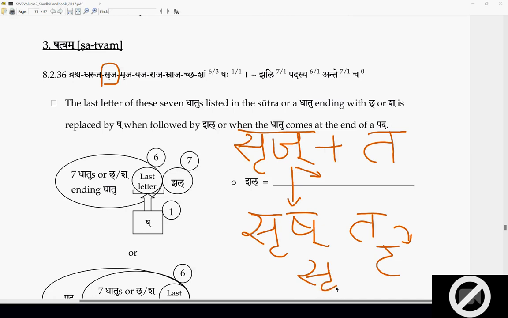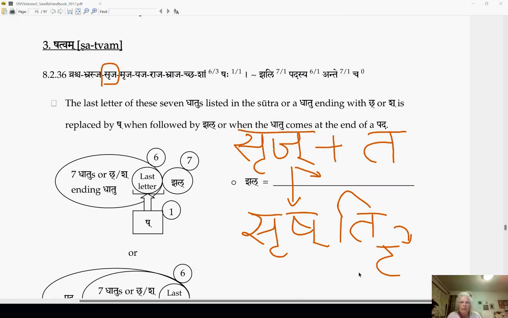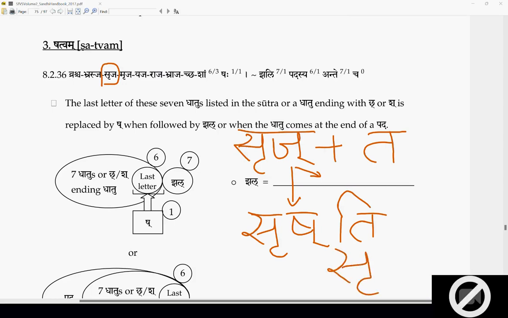You know that, right? Srushta, srushti. Srushti means creation.